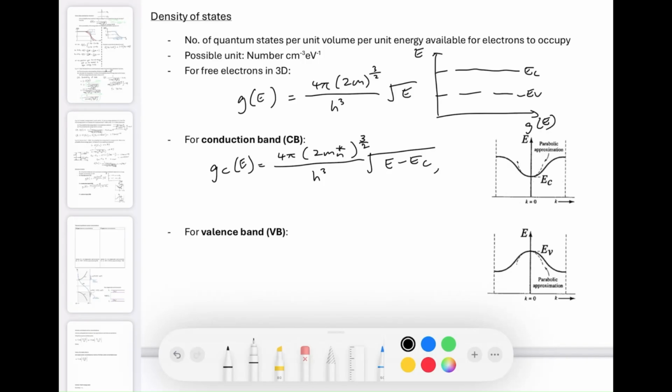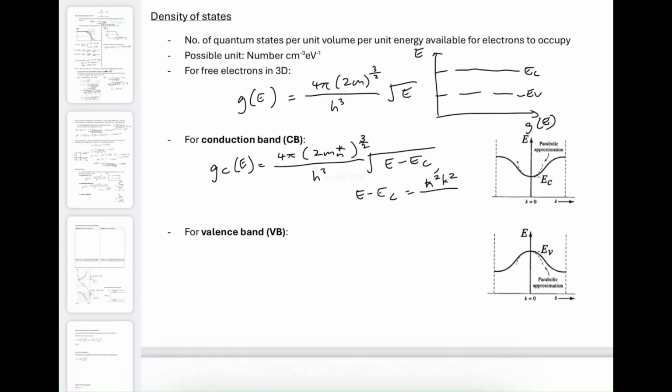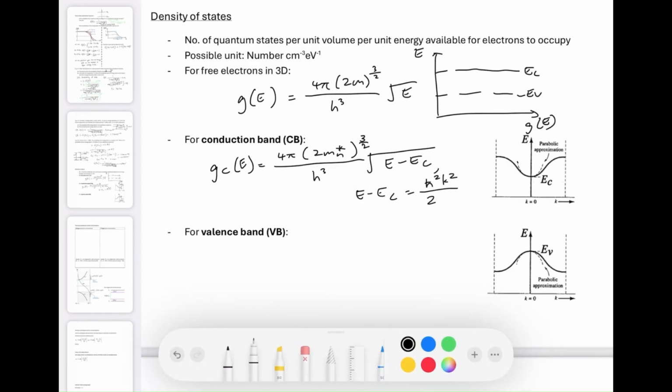Here, E minus EC is equal to h bar squared k squared over 2 times the effective mass of an electron. k is the wave vector. This graph is actually quite complicated in real life, but we are just taking the bottom and taking a parabolic approximation.